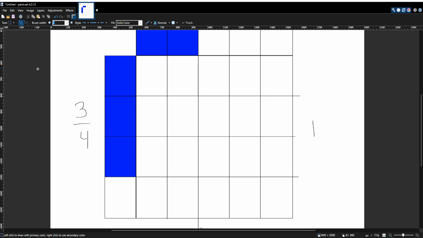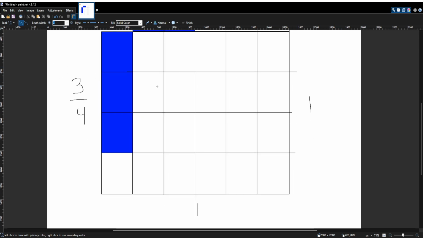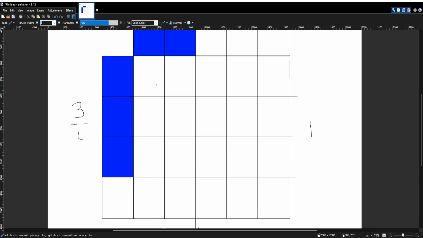And so now, how many sections is my square divided into? It's divided into 1, 2, 3, 4, 5 sections going across, and 1, 2, 3, 4 sections going down.